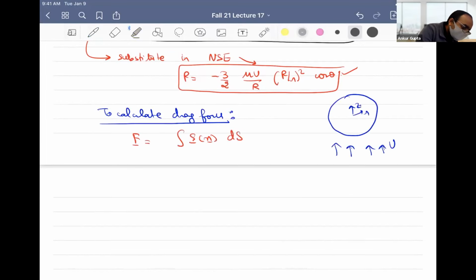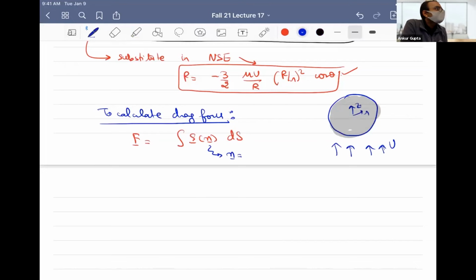So please volunteer and suggest: what is the normal here? If I want to calculate drag, what is n? E_r or minus E_r? Positive E_r, right? Because it always points into the fluid. So it is E_r.